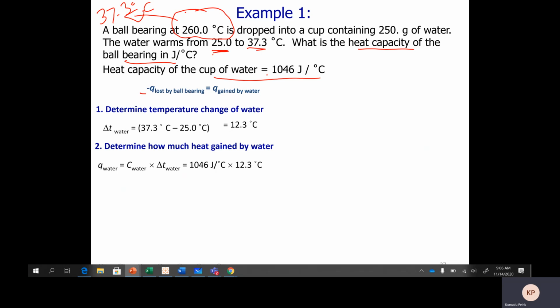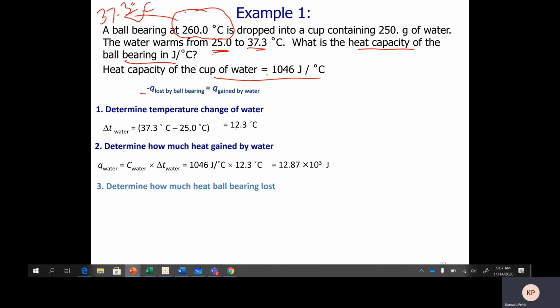So Q of water equals the heat capacity of water multiplied by the temperature change of water. The heat capacity is 1046 joules per degree Celsius multiplied by the temperature change for water, 12.3. We'll get 12.83 times 10 to the third joules as the heat gained by water.